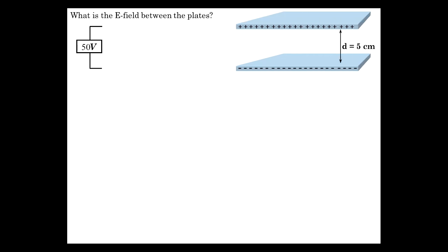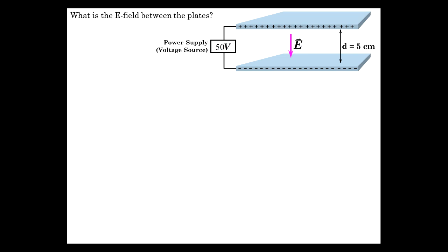So I'm going to take a look at these charged parallel plates, and we're going to put a potential difference. Don't worry about how we produce that. I'm going to call it a power supply, all right? And it's going to make an electric field across here because it produces a separation of charges.